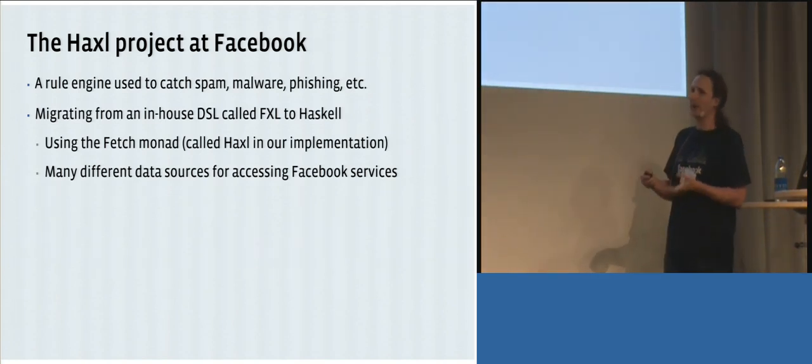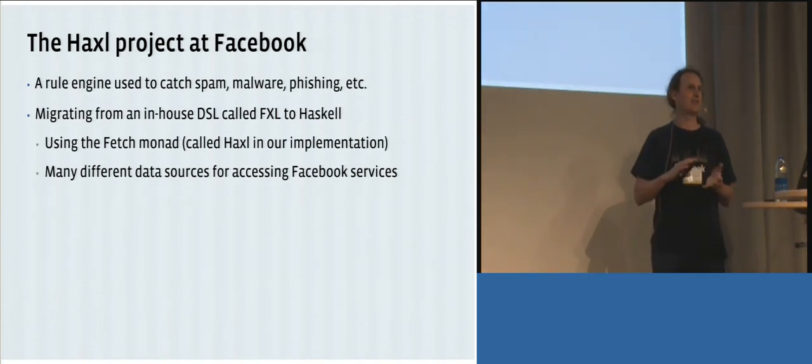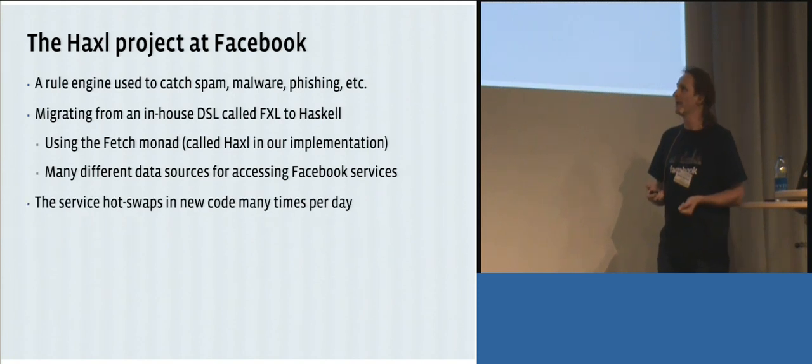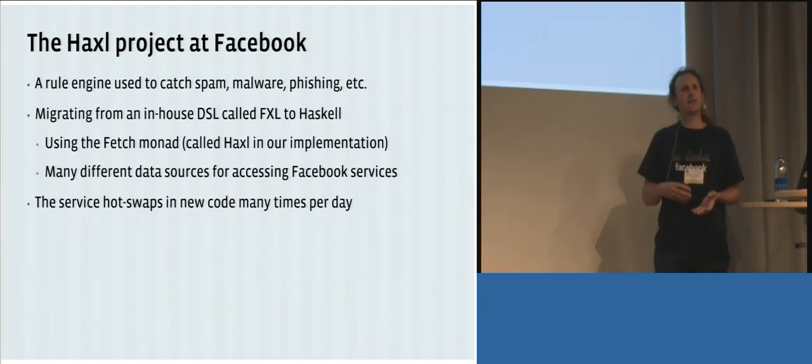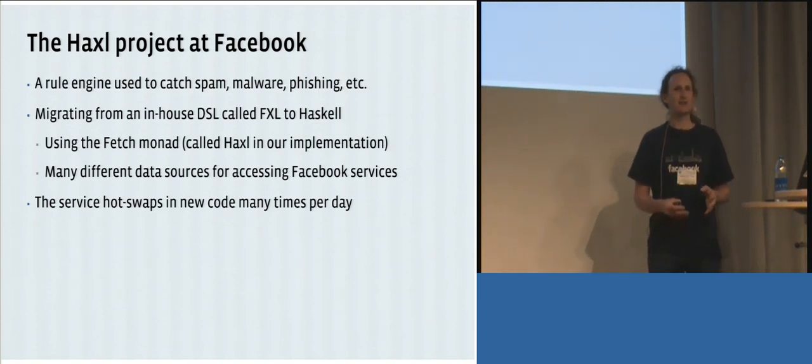We have many different data sources corresponding to different backend services at Facebook. And because the rule engine needs to change the rules many times per day in order to respond to new spam attacks, we have to be able to hot swap in the new code every time the rules change.